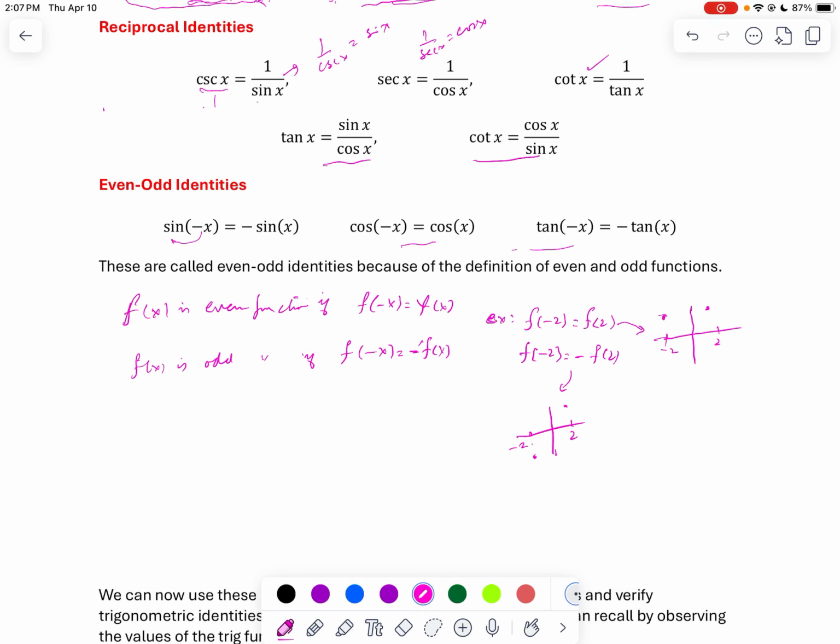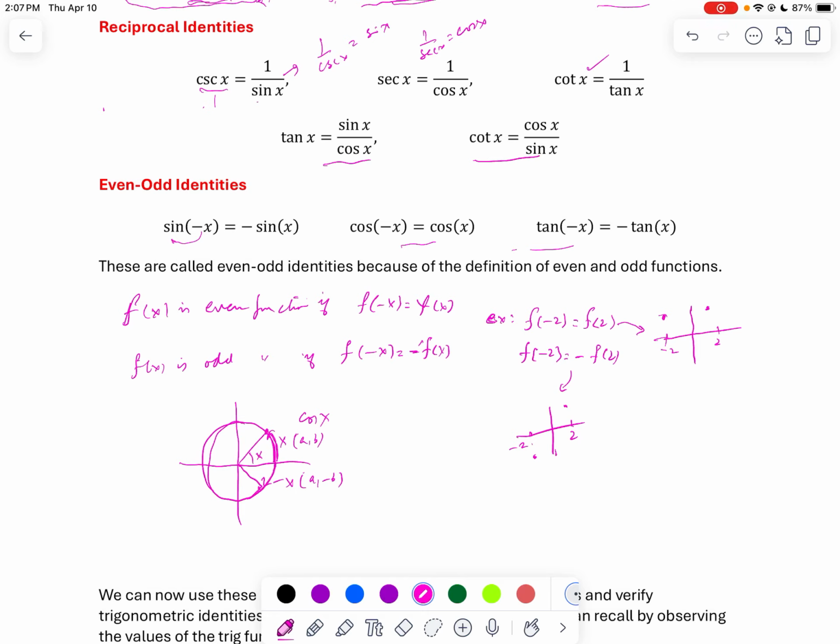And another way to look at it is, look at the unit circle, and let's say you have some point here and this is x. Then what is this? This will be negative x. So if you have cosine of x, the coordinates of x are, let's say, a, b, then the coordinates of this will be a, negative b.